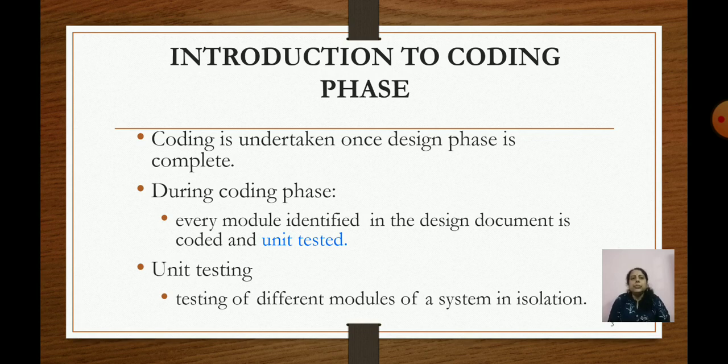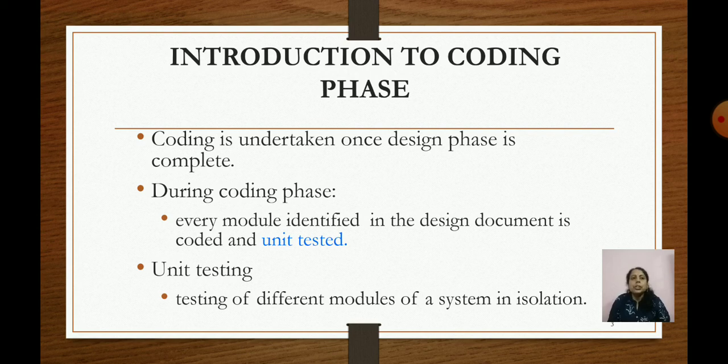Introduction to coding phase. Coding is undertaken once the design phase is complete. Means after completion of the design phase, the coding is started. During the coding phase, every module identified in the design document is coded and unit tested.